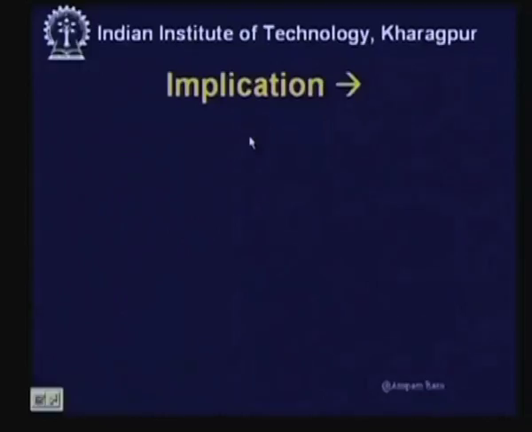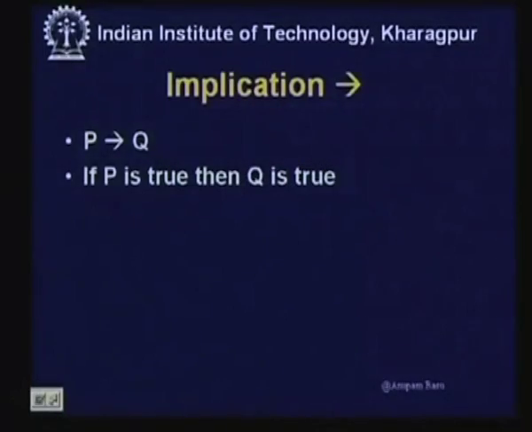Now, there is a special meaning of this implication statement that we are talking of. What does implication mean? When we say X implies Y or P implies Q, that means if P is true, then Q is true.